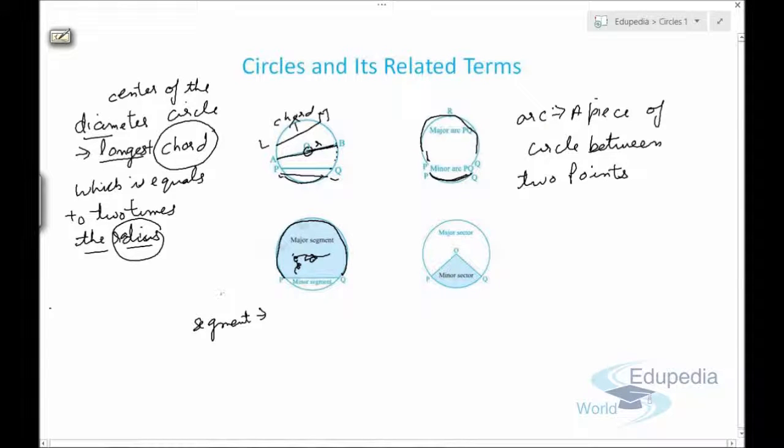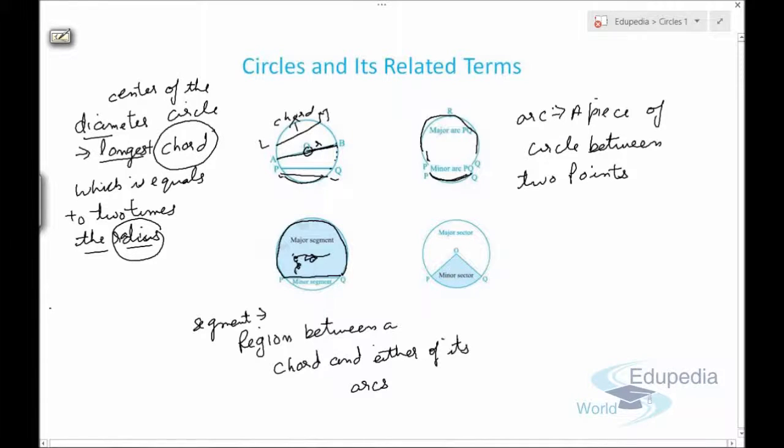We can say the segment is the region between a chord and either of its arcs. Now it's a region between a chord, like this is a chord, and either of its arcs.